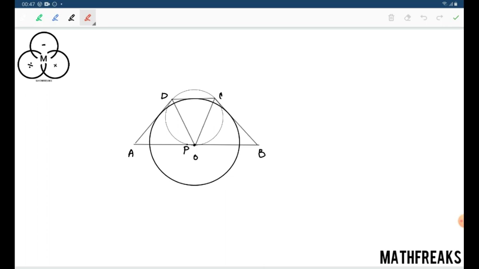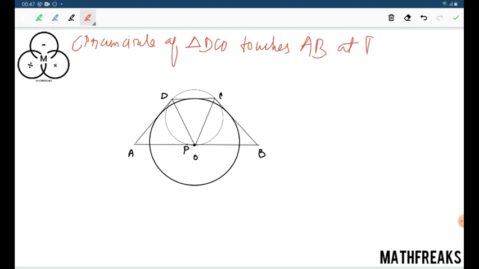Circumcircle of triangle DCO touches AB at P. Not touches, intersects.